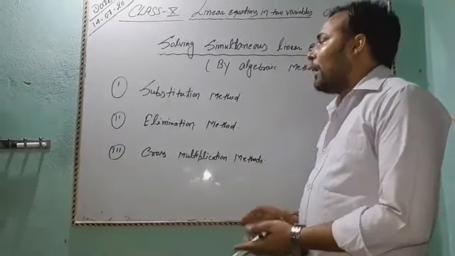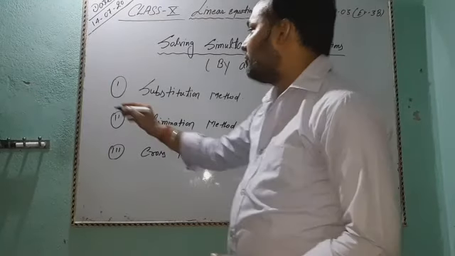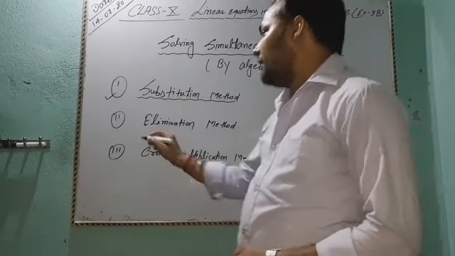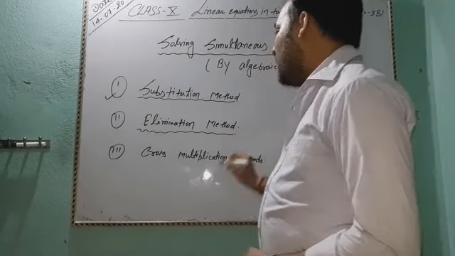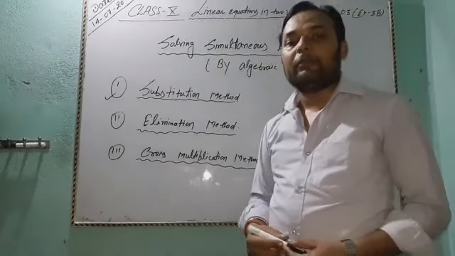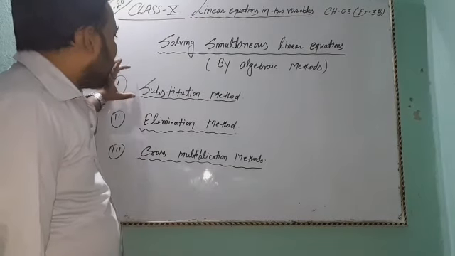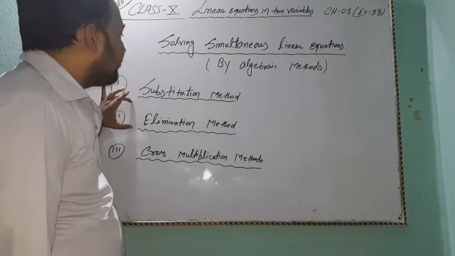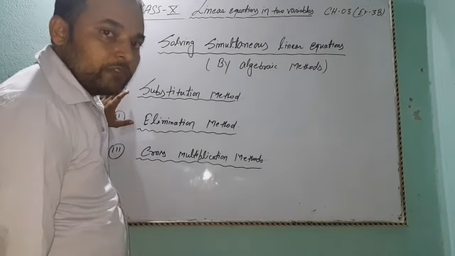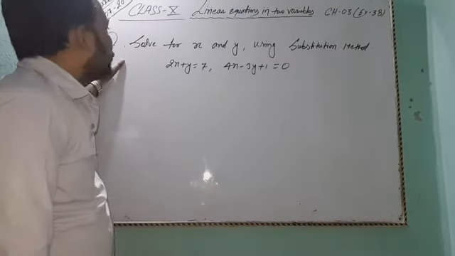I have three methods to solve simultaneous linear equations. First is the substitution method, second is the elimination method, and third is the cross multiplication method. In exercise 3B, we are studying the substitution method and elimination method for solving simultaneous linear equations.